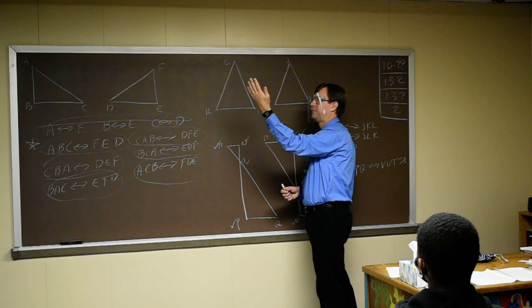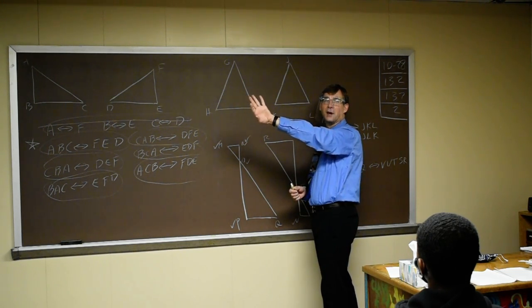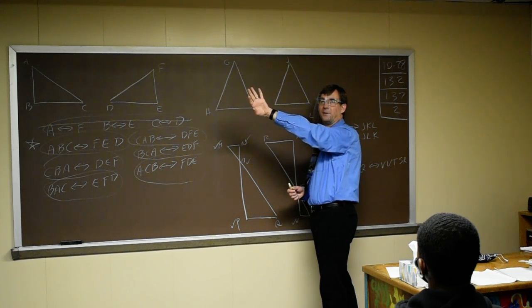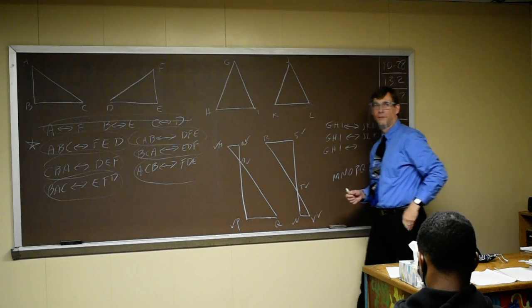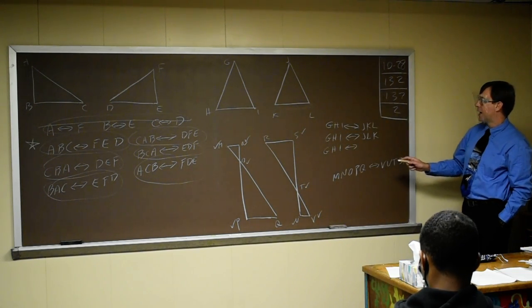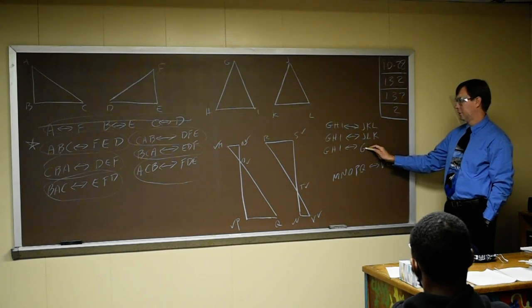Pick it up. Give it a twist. Where could I put it? Right back where I came from. I could do GHI with GHI, not if I did a twist, G, GIH.